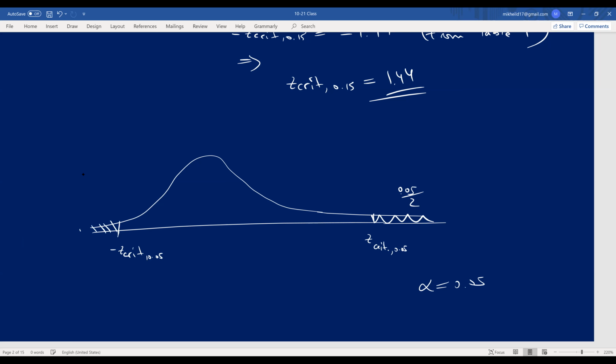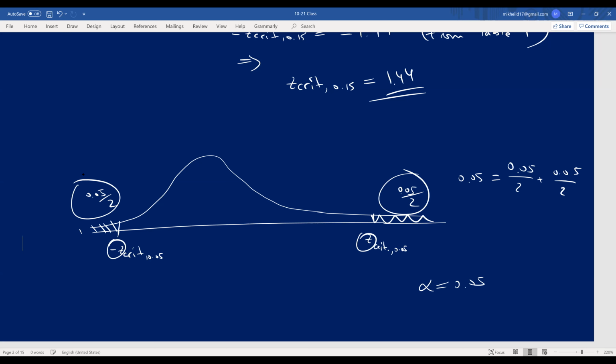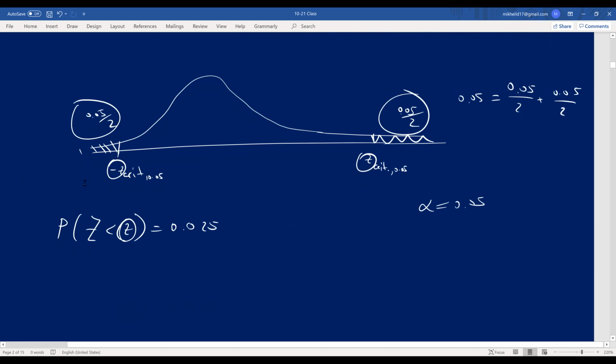That means that this area is 0.05 divided by 2, because the sum of these two is 0.05. So I'm looking for this z and this minus z. What are those z's? That is the probability that capital Z is less than small z, which is 0.025. Now you will go to the table. Let's go to the table. So we want to see the number which is closest to 0.025, right?